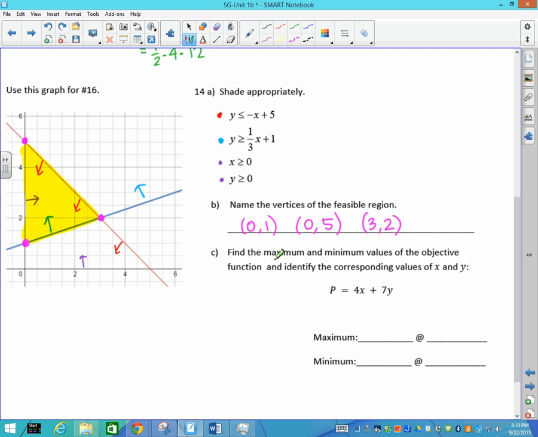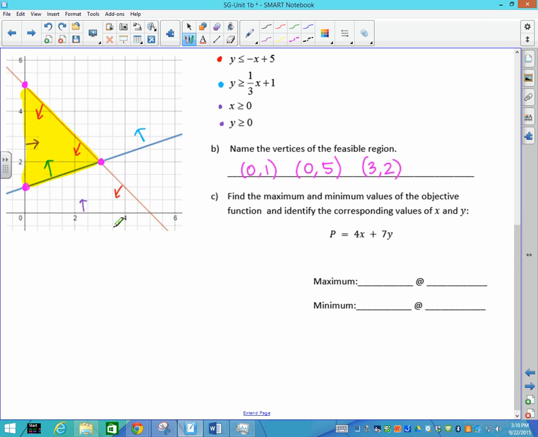And so next, we're supposed to find the max and min values of the objective function and identify the corresponding x and y. So in this case, at (0, 1), when I plug that in, there's my objective function that I'm plugging them into.